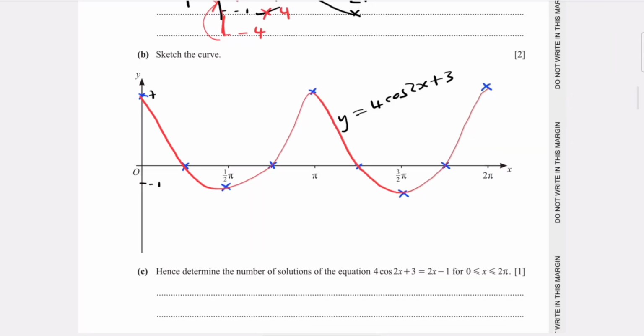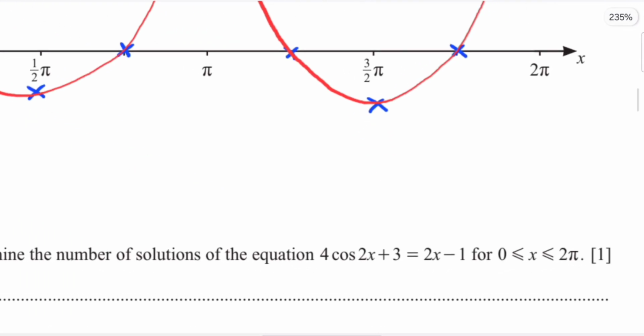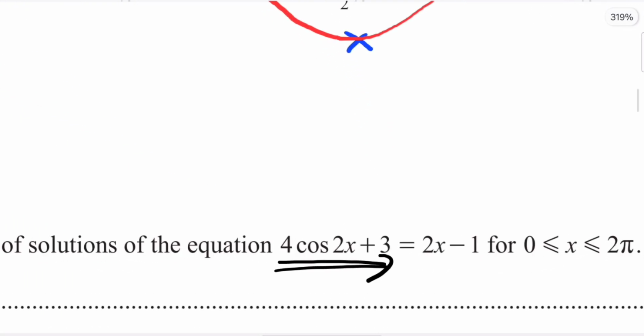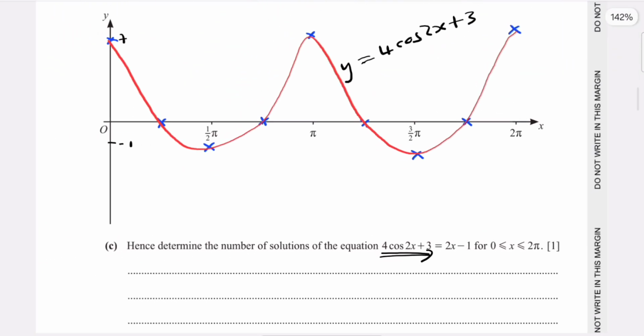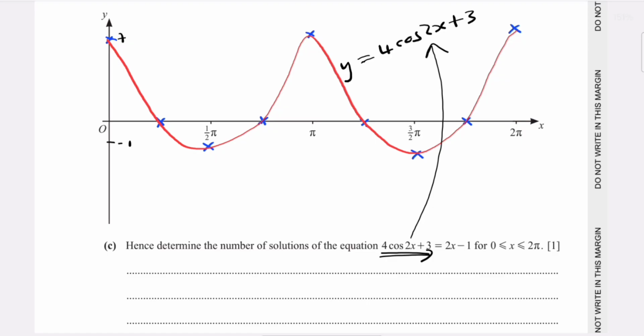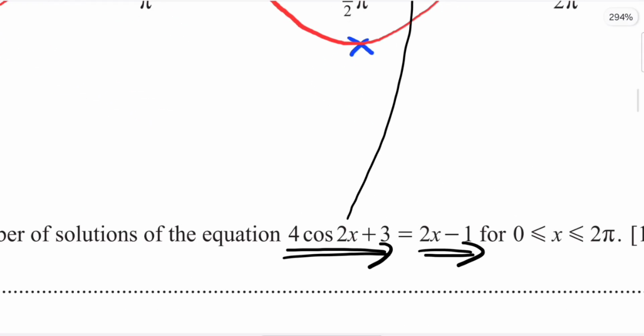Then part C says, hence determine the number of solutions of the equation 4 cos 2x plus 3 equals 2x minus 1. So if we look at this, you can see that that's our expression for the curve we just drew. It's 4 cos 2x plus 3, right? So we want the solutions of that being equal to this, right?